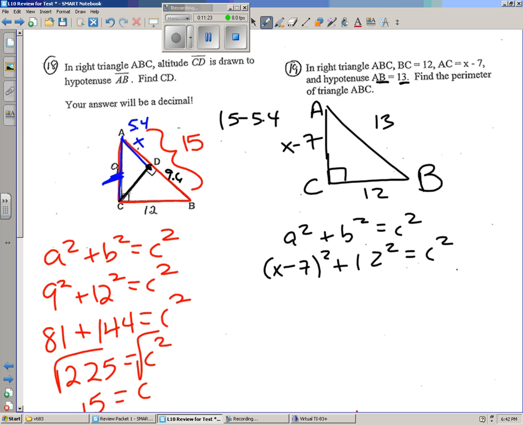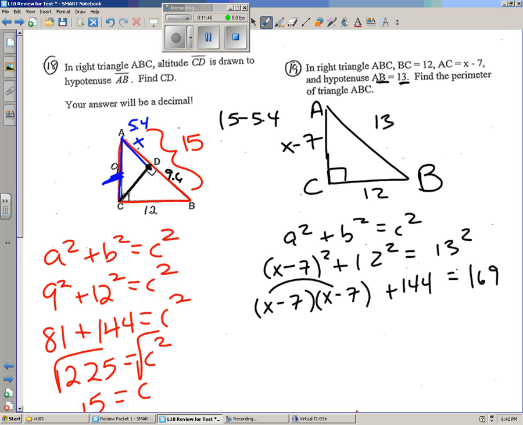X minus 7 squared means you literally write down 2 copies of x minus 7, and you distribute that out, or as some of you say, FOIL. 12 squared is 144. And I didn't mean to leave c squared. I meant to put in the 13 there. That's the hypotenuse. So 13 squared is 169.